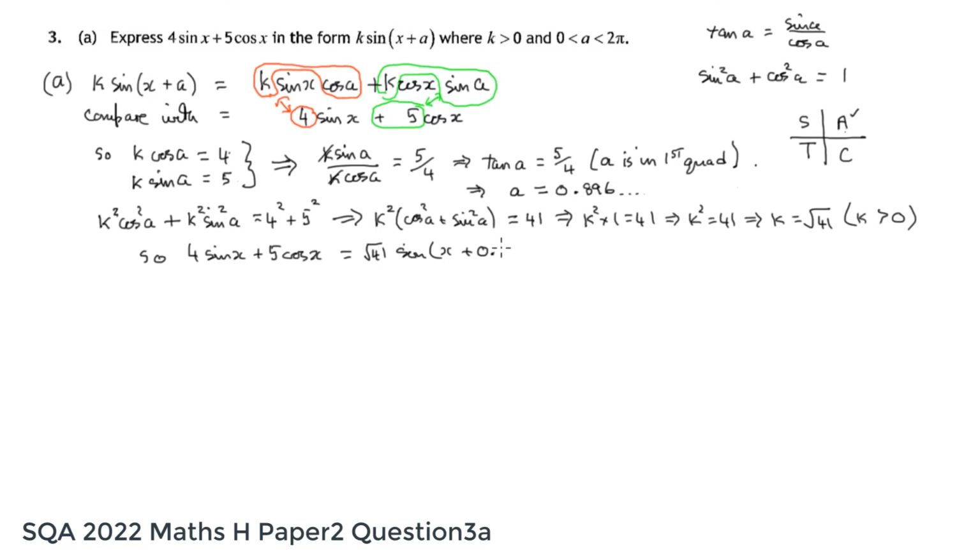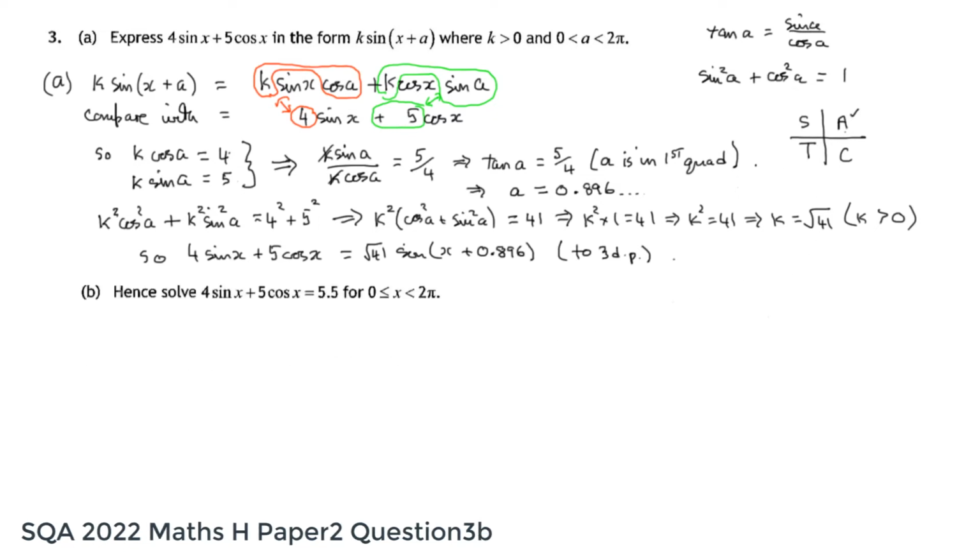Let's do it to 3 decimal places. Remember there was a 0 that we'd be chopping off. So explain that you chopped it off to 3 decimal places. So that's part A completed.